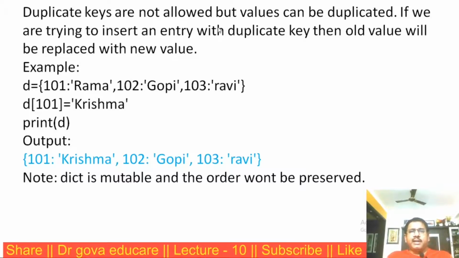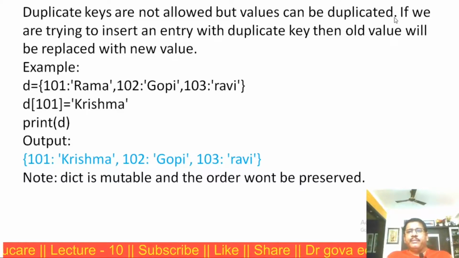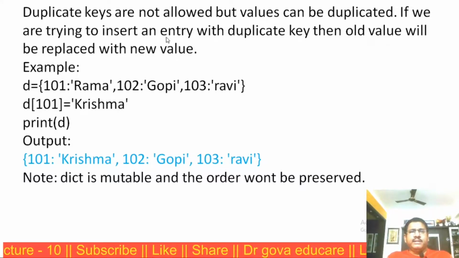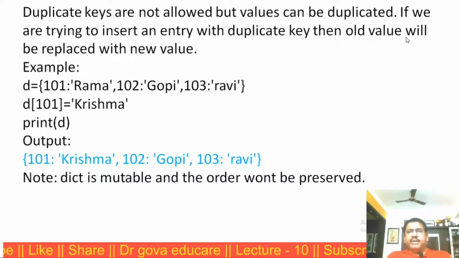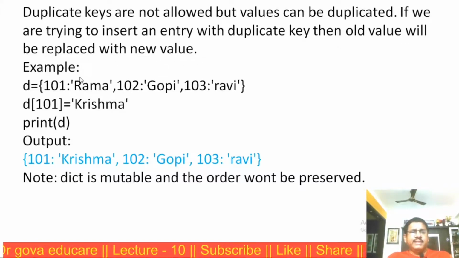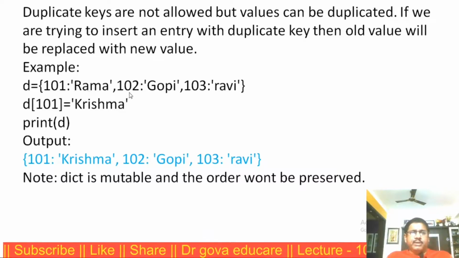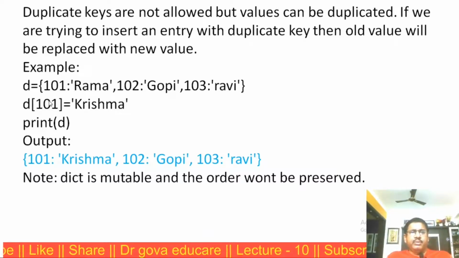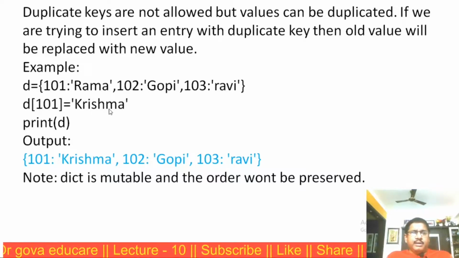Duplicate keys are not allowed, but values can be duplicated. If we are trying to insert an entry with a duplicate key, then the old value will be replaced with the new value. Say this is the example. This is the dictionary, 101 colon Rama, key value pairs. d of 101 is equal to Krishna.